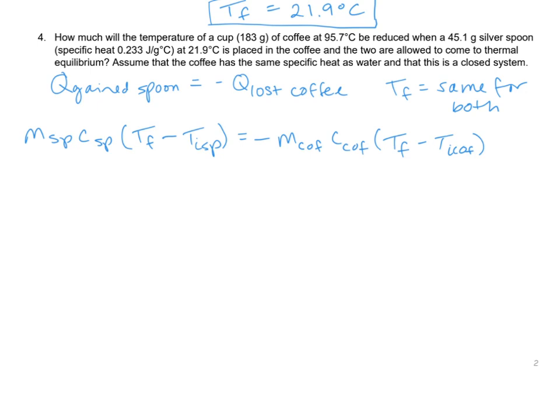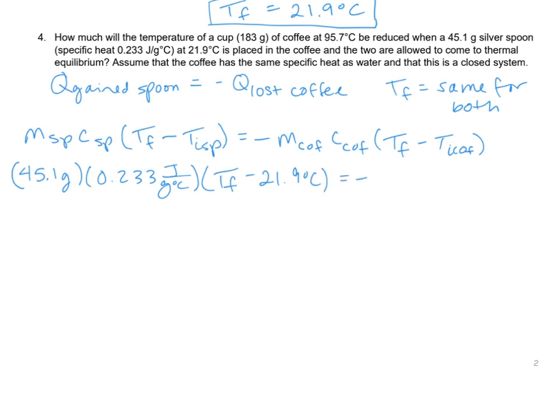And then we will plug in our numbers. The mass of the spoon was 45.1 grams. The specific heat of the spoon was silver. That was given in the problem. It is 0.233 joules per gram per degree Celsius. The final temperature is what we're trying to find. The initial temperature of the spoon was 21.9 degrees Celsius.